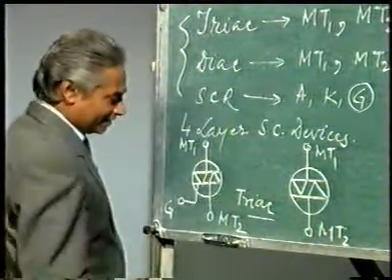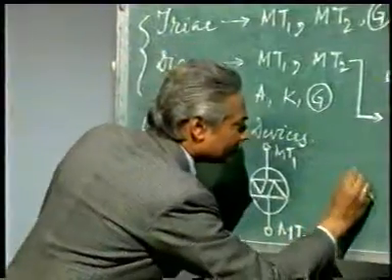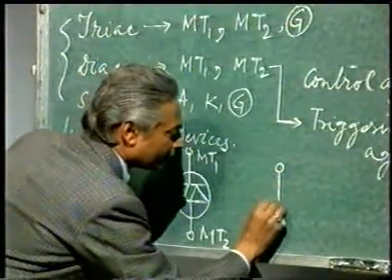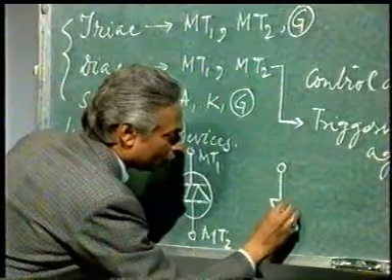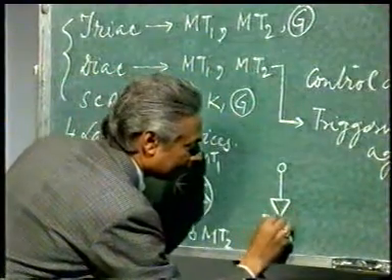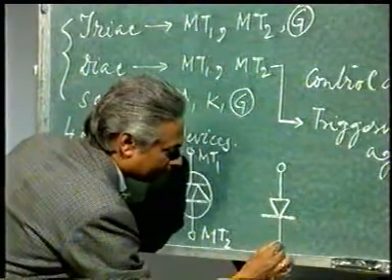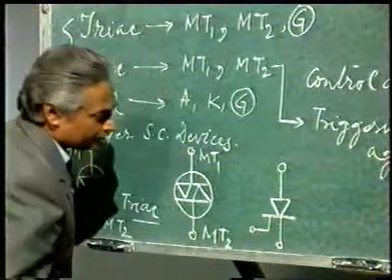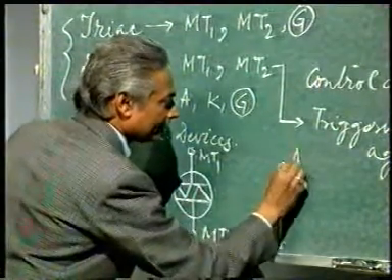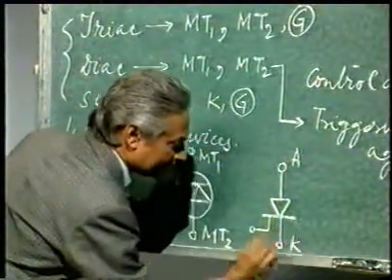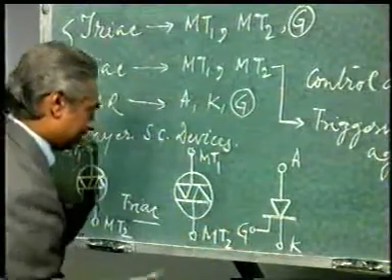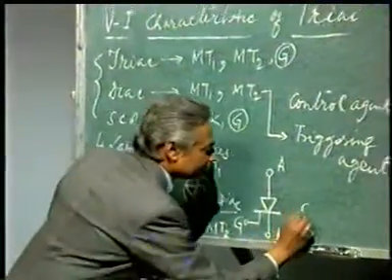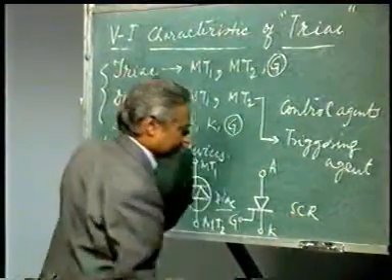There is no gate here, and the SCR will look like this. Only one arrow, here another terminal. So terminals are anode, cathode, and gate. This is of course DIAC, and this is SCR.